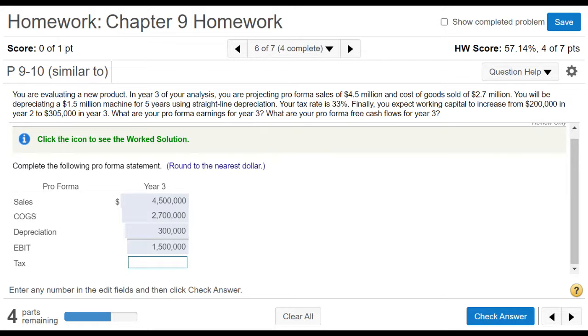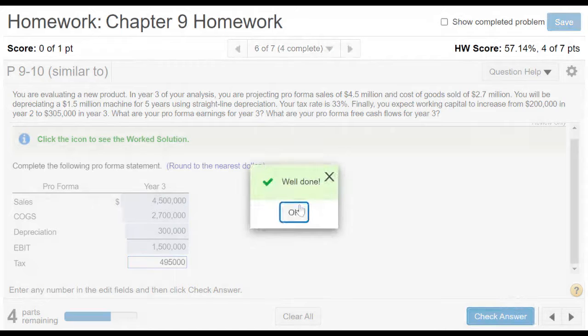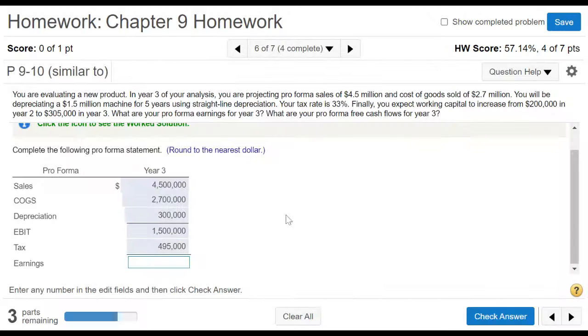Okay. So now let's do this. Your tax rate is 33%. What's 33% of 1,500,000? 495,000. So what's the earnings?